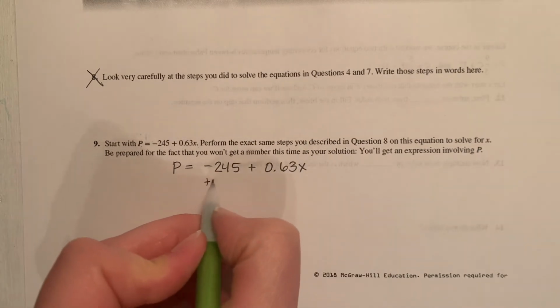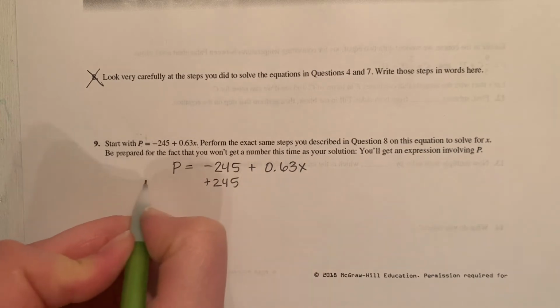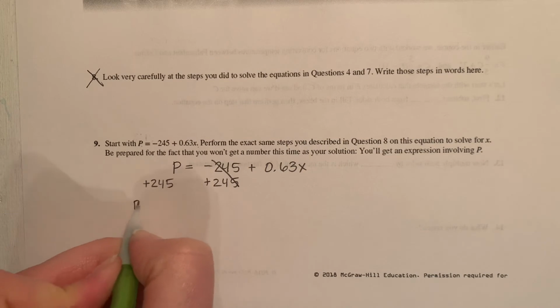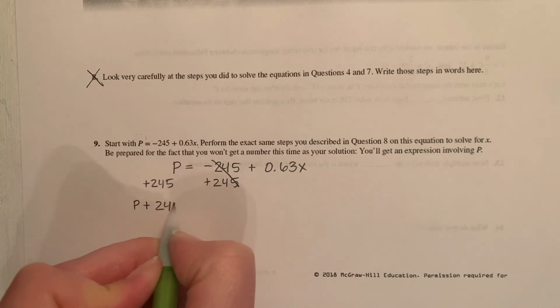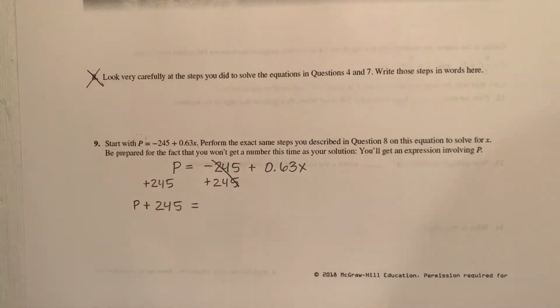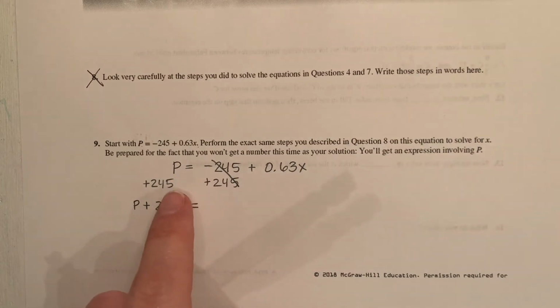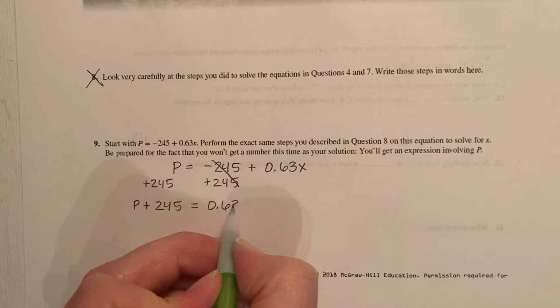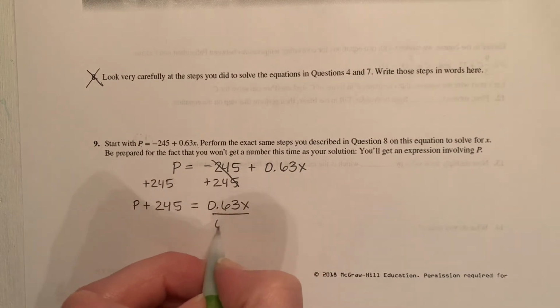So we're going to start by adding 245, and here's where it gets a little uncomfortable. You started doing this in Algebra 1. We can't add the P and the 245 together, so we just leave it as P plus 245 equals the 0.63x. Now let's divide.